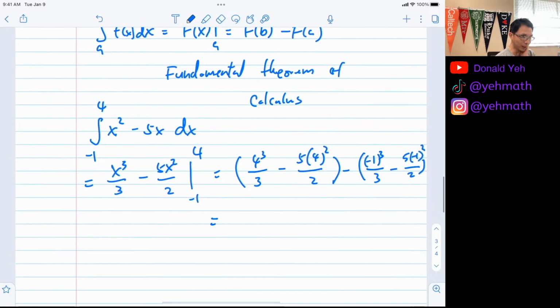Check my math. If I did something wrong, let me know. This one becomes 64 over 3 minus, 4 squared is 16, 16 times 5 is 80, 80 over 2 is 40. Double check my math.